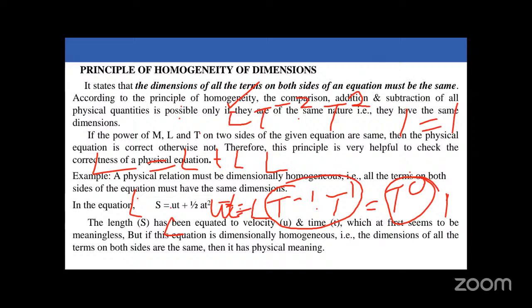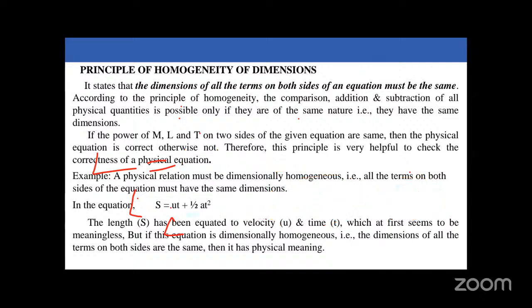So that is how to test if an equation is homogeneous or if an equation is correct. We must apply the rule which states that to compare, add, and subtract, what we have on both sides of the equation must be the same.